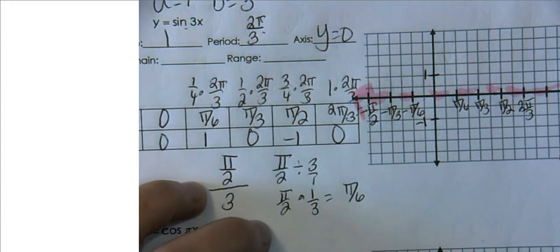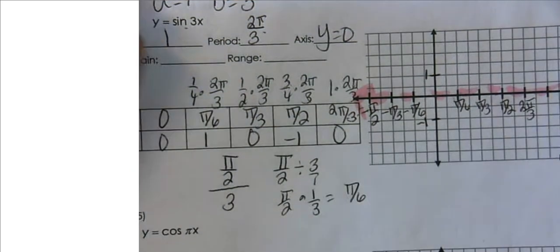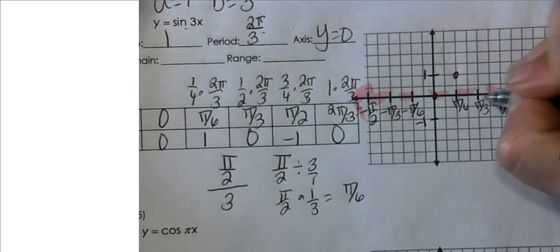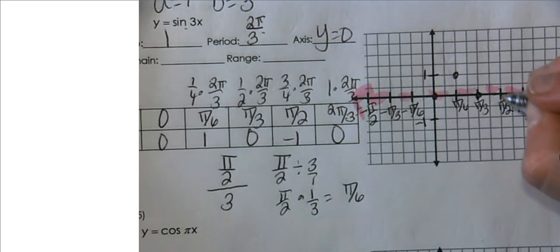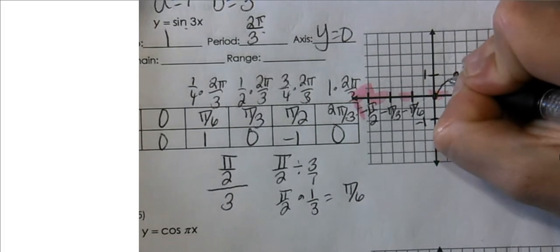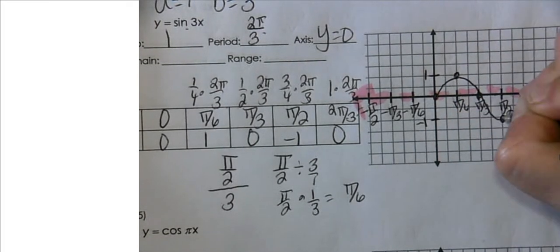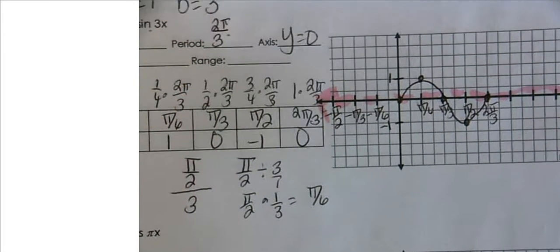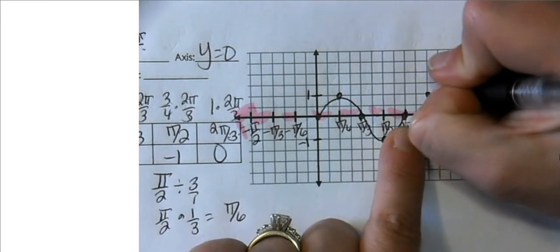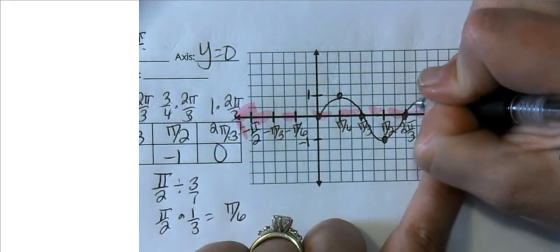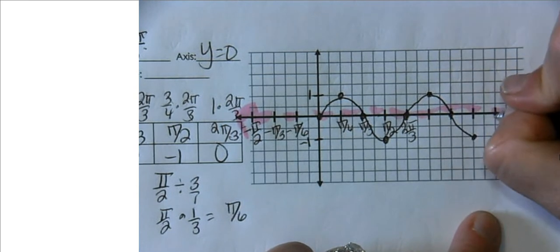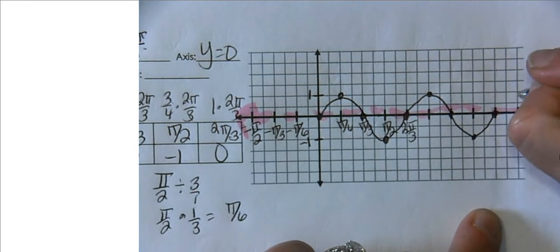Now that I have my labels, I'm going to plot my points. I start with 0, 0, pi over 6, 1, pi over 3, 0, pi over 2 goes down to -1, then 2 pi over 3 goes back to 0, and I have just drawn in one full cycle of sine. And I'm going to continue this pattern. After 0, I'm going to go up to 1, then back down to 0, then down to -1, then back up to 0, and then up to 1.